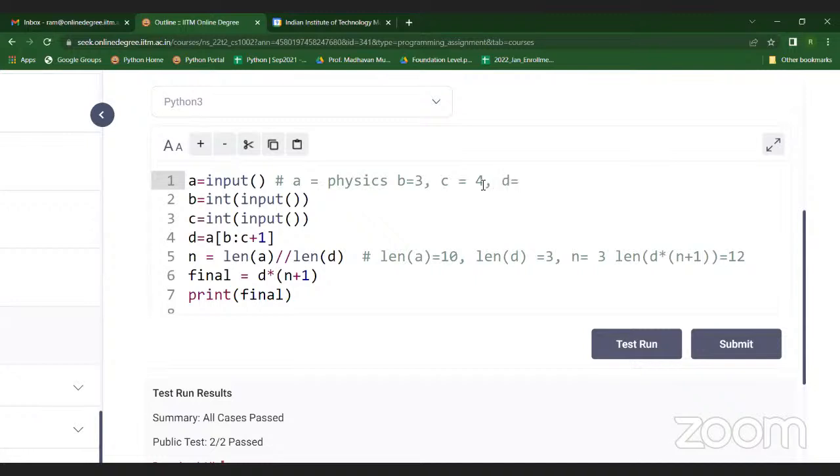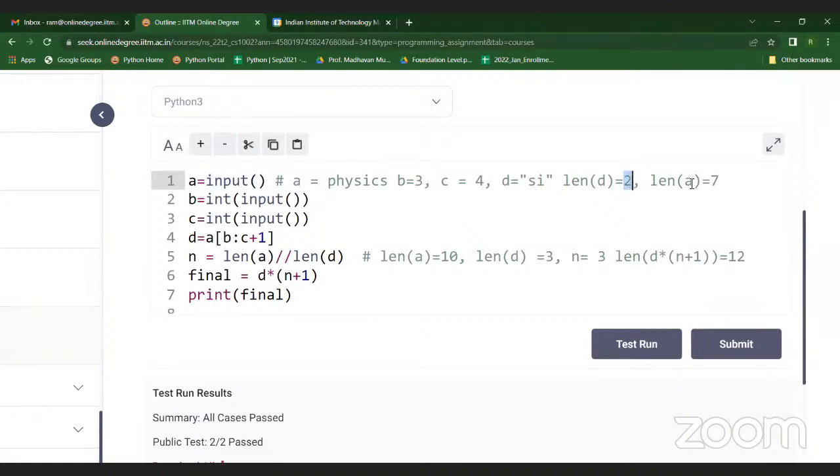It will be 3 to 4, that is 1, 2, 3, SI, right? So what is the length of D? Length of D is 2. And the length of A is what? Physics, 7, right? Okay.